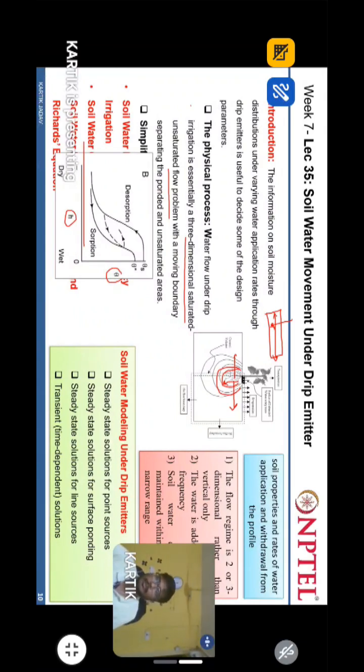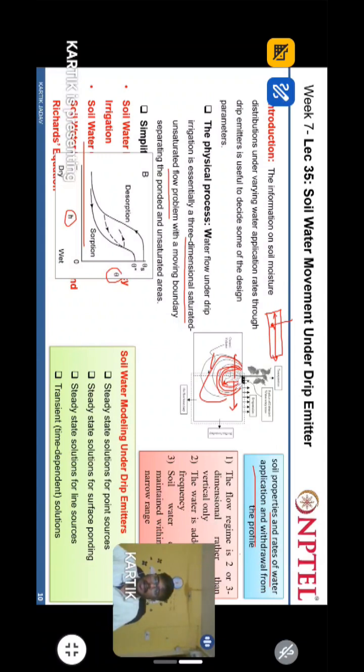Next to that, we found that the soil properties available in our field and the rate of water application generally define the shape of this saturated surface, right? And the flow regime is two or three dimensional rather than vertical only, as I already discussed.